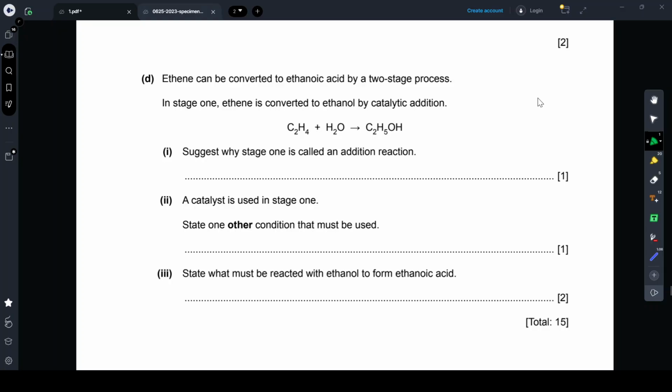No. We are adding, catalytic addition. What does addition mean? So, what is 2 plus 3? 5. Yeah. You're putting both of them together and you're getting one answer. Addition reaction is basically putting two molecules together to react to form a single product. Yes, a single product is formed.